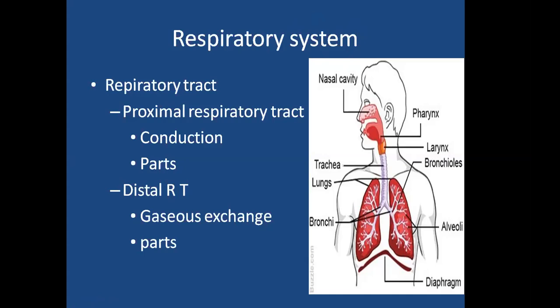We will discuss in detail later on the different parts of the respiratory tract. Here we just need to know that the proximal respiratory tract helps in the conduction of air, while the distal respiratory tract helps in the gaseous exchange between the air and the blood.